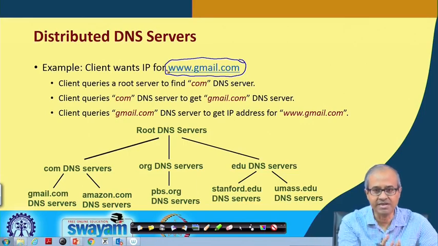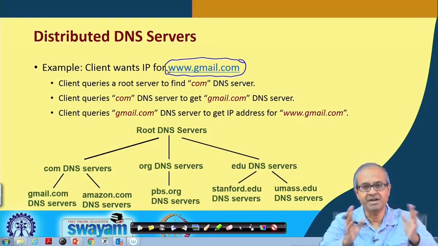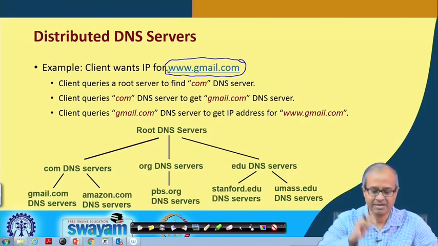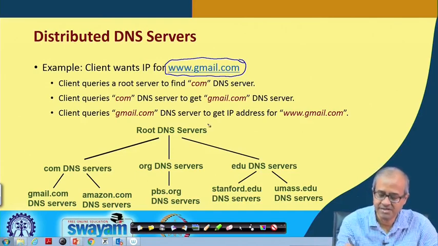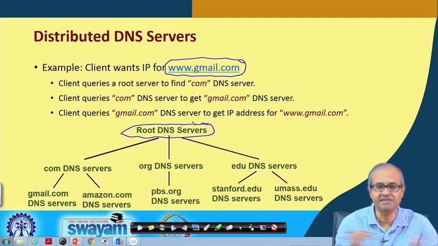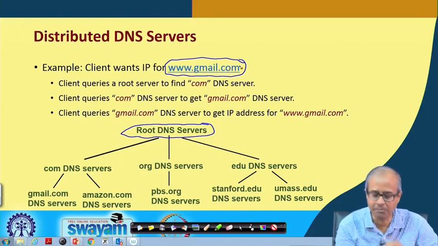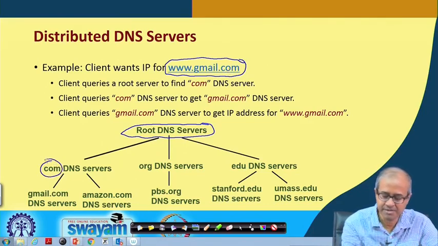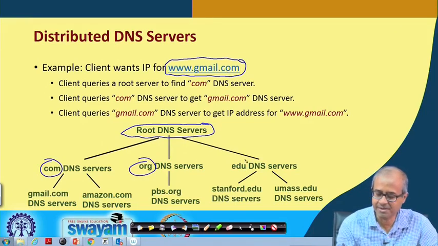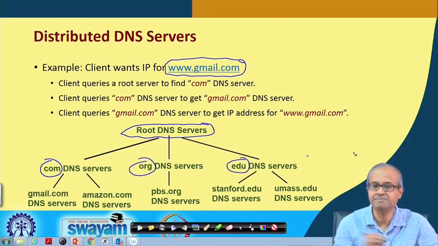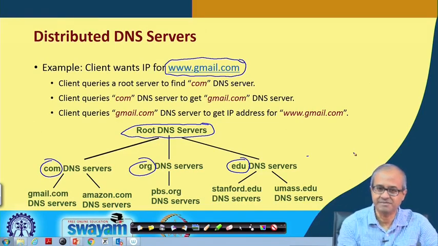Gmail refers to one DNS server under that com, that refers to gmail.com. It starts with a root. Initially, there is what we refer to as a root DNS server. So, everything is under root. Under root, the first thing here, this com, there can be com, there can be org, there can be edu, there can be so many other things. Like in India, we know .in, country domain names, large number of such. I have shown only 3.